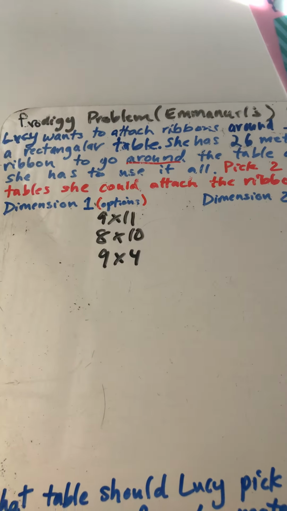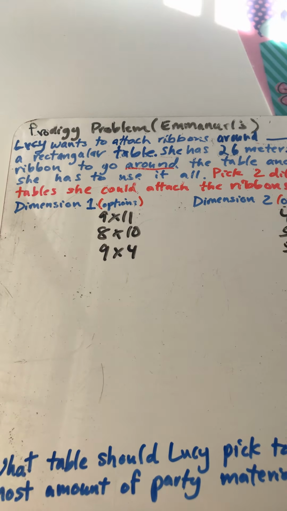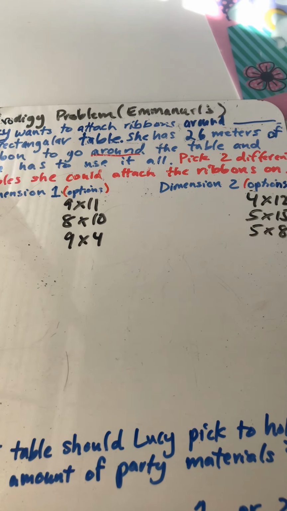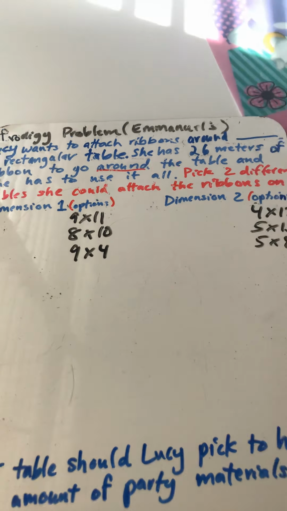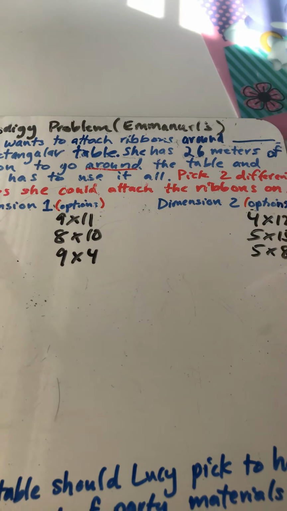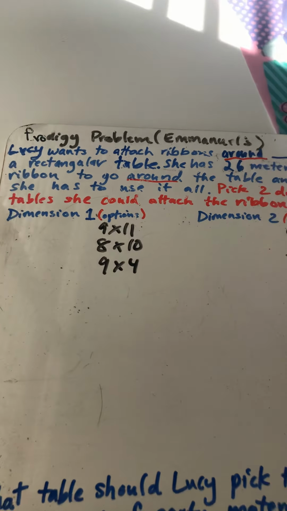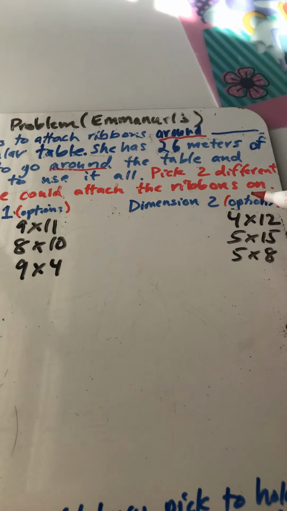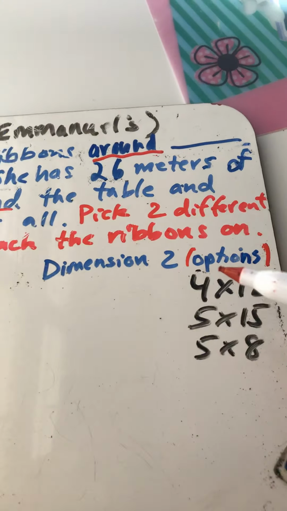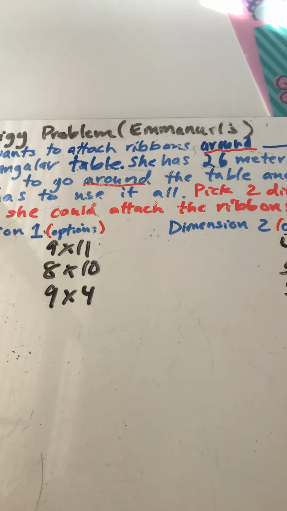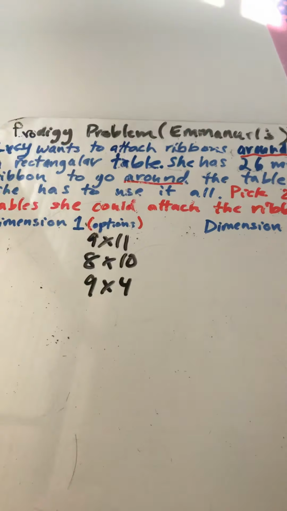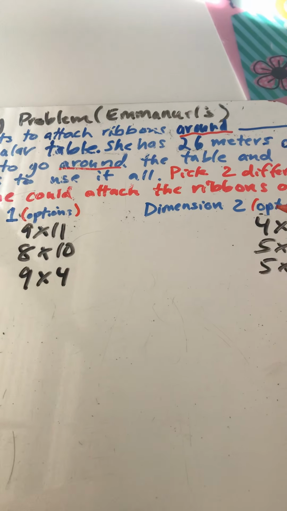Okay, so the question says Lucy wants to attach ribbons around. That word's going to be important. Around a rectangular table. She has 26 meters of ribbon to go around the table, and she has to use it all.